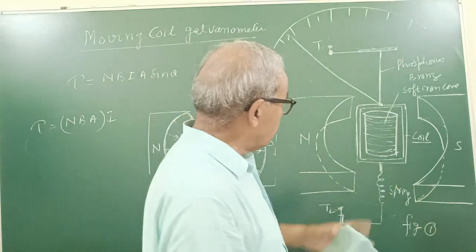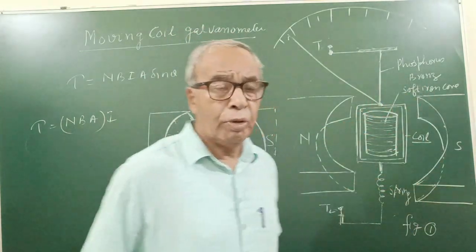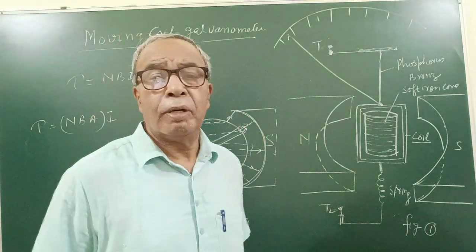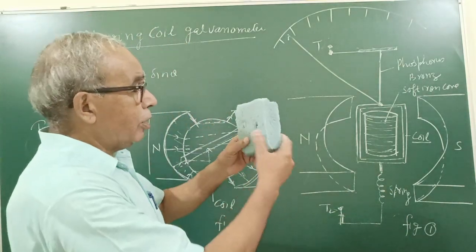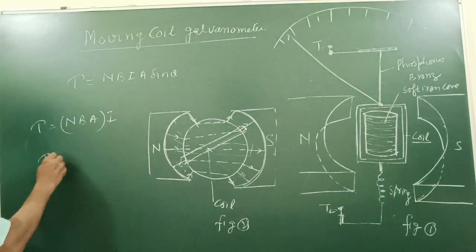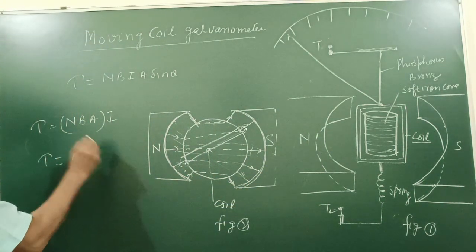This twist produced by the rotation of the loop produces a restoring torque. When the coil rotates this way, it opposes that, and that torque is equal to C theta.